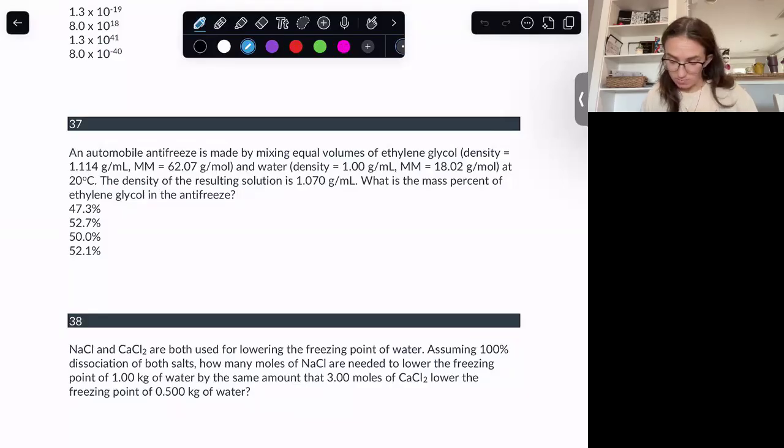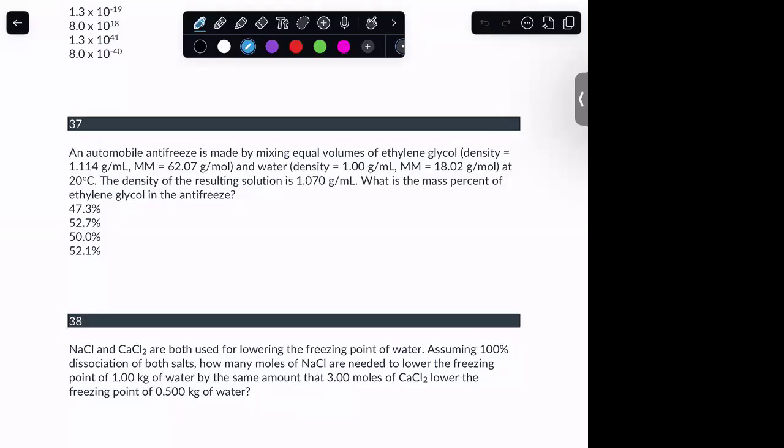Alrighty. So can someone tell me how we would start this question? What is the first thing we're going to have to do? Set up the equation of mass percent, so it'd be mass of solute over mass of solution.